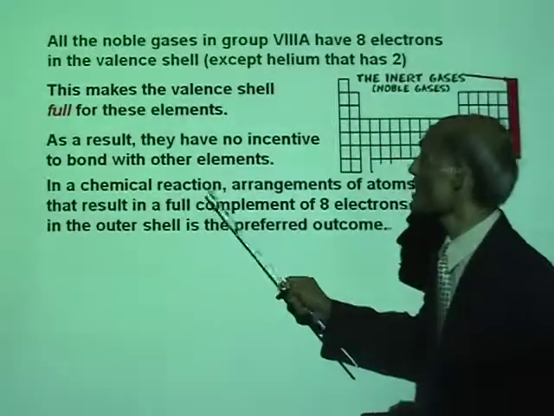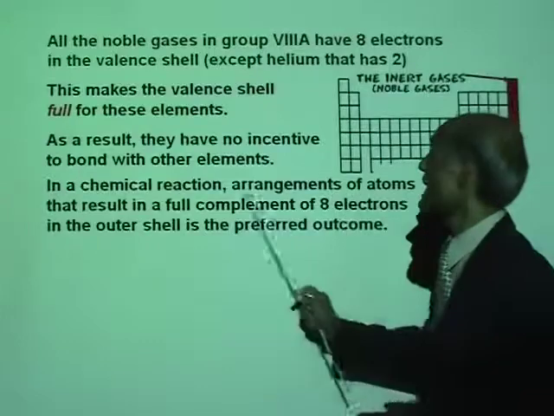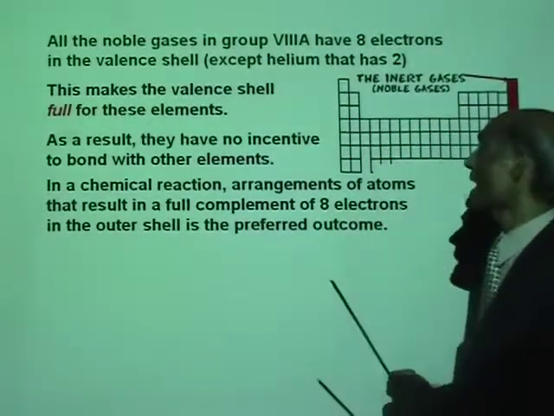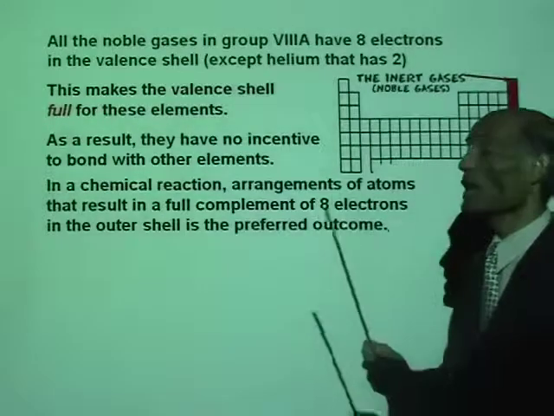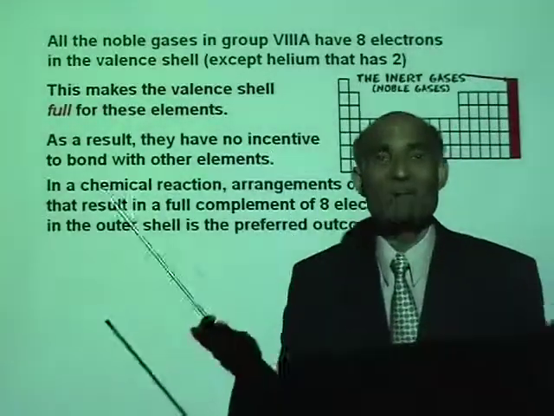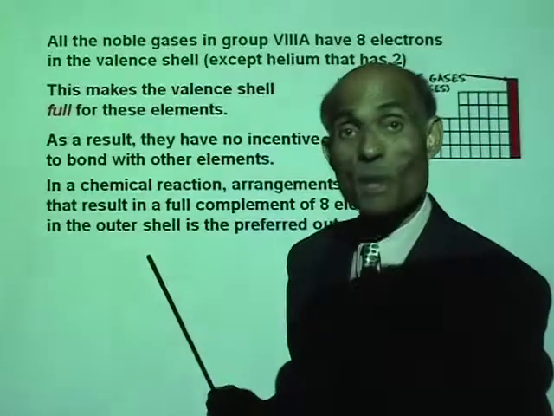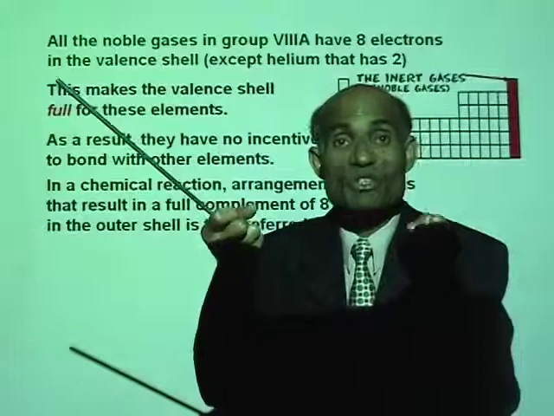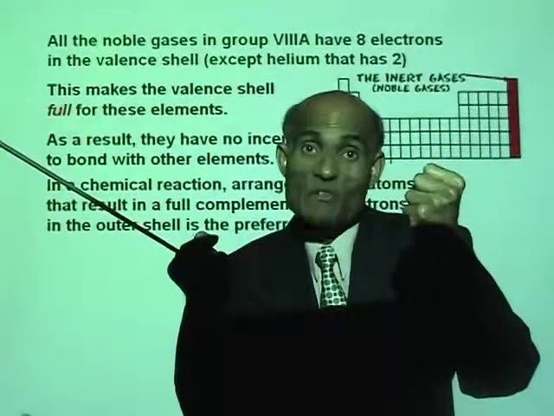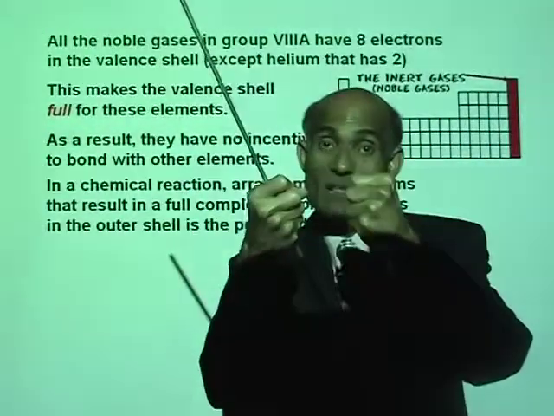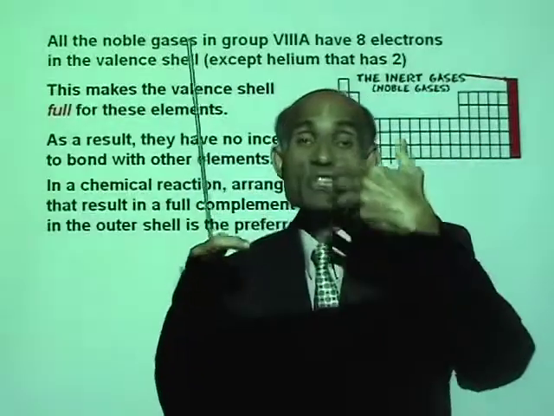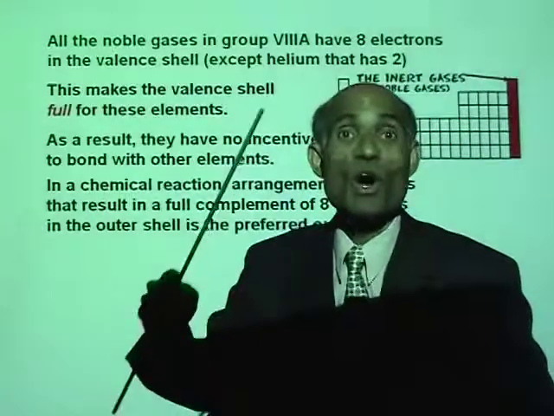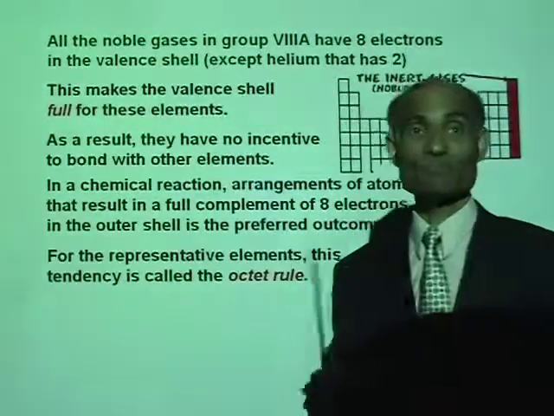In a chemical reaction, arrangement of atoms that result in a full complement of 8 electrons in the outer shell is the preferred outcome. And that is what most chemical reactions are about. In most chemical reactions, electrons are either lost or gained so that you achieve the most preferred outer shell configuration of 8 electrons.